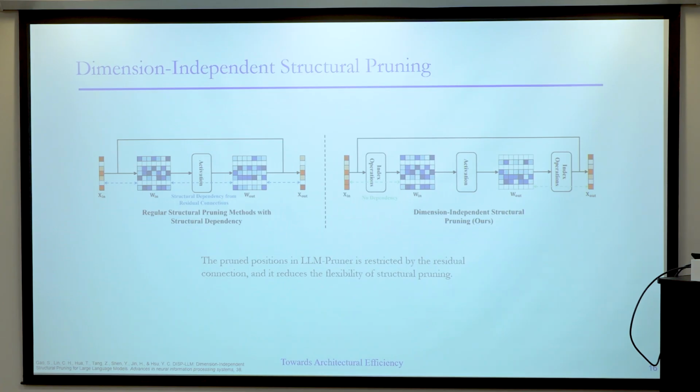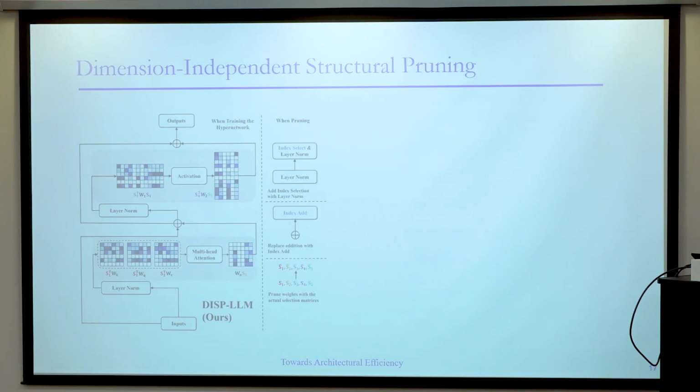And we use index operations to remove such dependency of pruning. In the left figure, we have the overview of our method. Basically, we try to compress the input dimension and output dimension of the self-attention block, and also the input, output, and middle dimension of the MLP block.